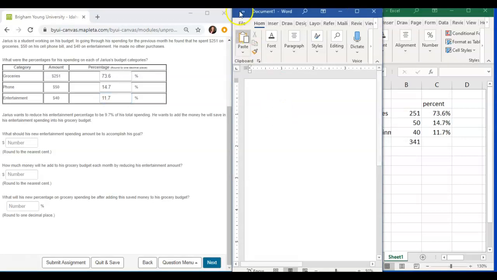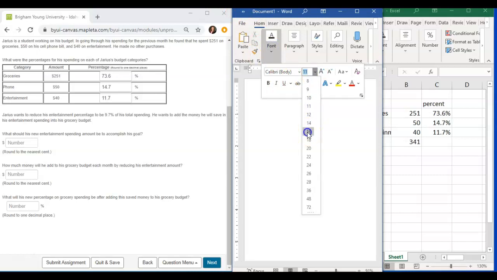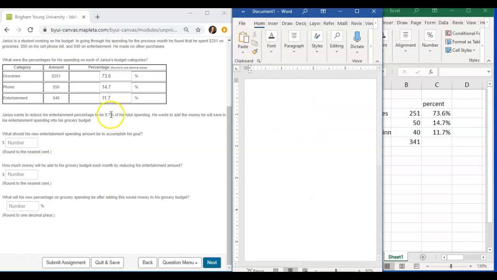So I'm going to come into Word here and do a translation. We want his entertainment percentage, so we'll do E for entertainment, to be. Now it doesn't say the word is, but to be is a futuristic way of saying is. So it's still just another form of is.